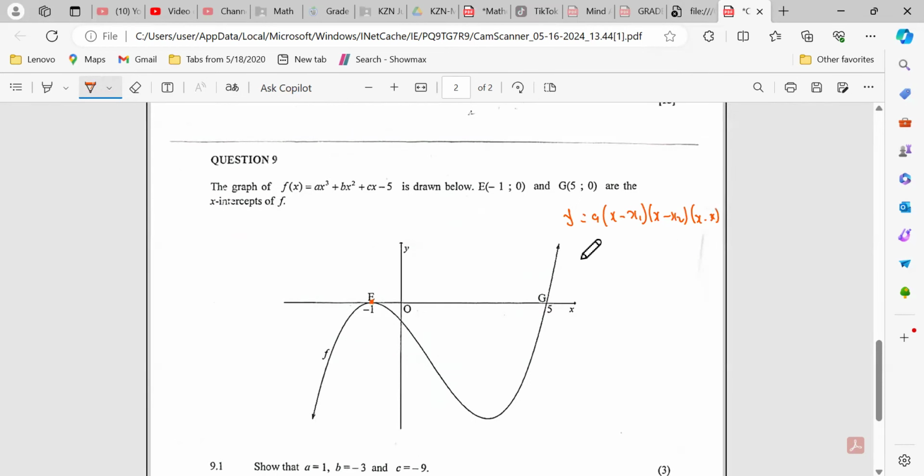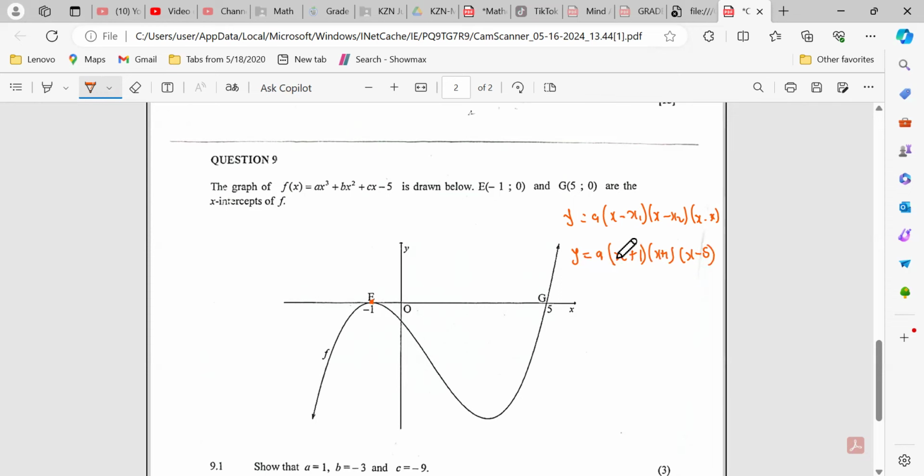And now we have y equal to a, and then we have x plus 1, x plus 1, and x minus 5.